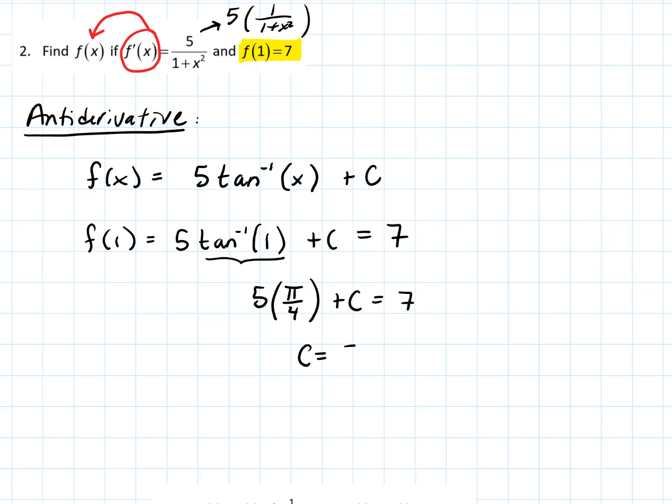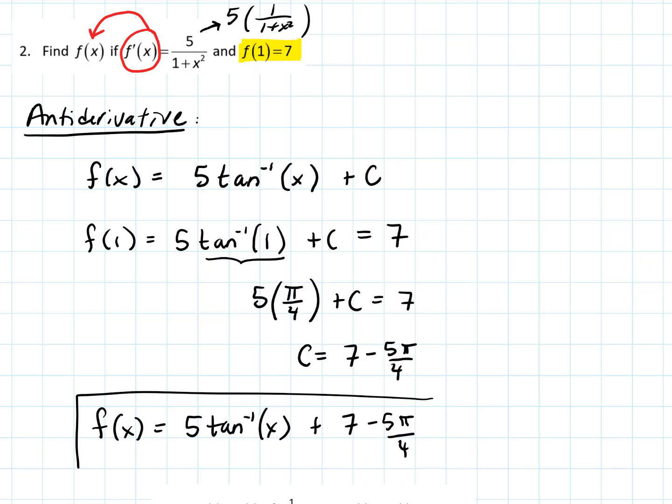So c is actually 7 minus 5 pi over 4. We could approximate it if we wanted to, but I'm going to just leave it. So f of x, the exact answer, is 5 times the inverse tangent of x plus 7 minus 5 pi over 4. And there is my antiderivative.